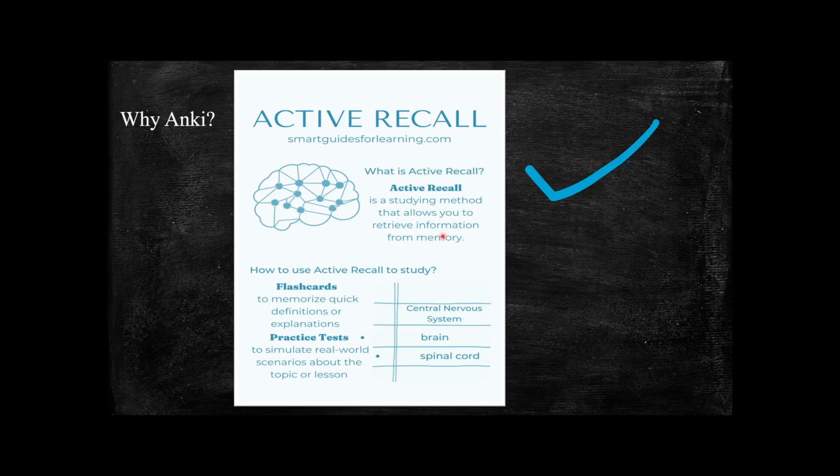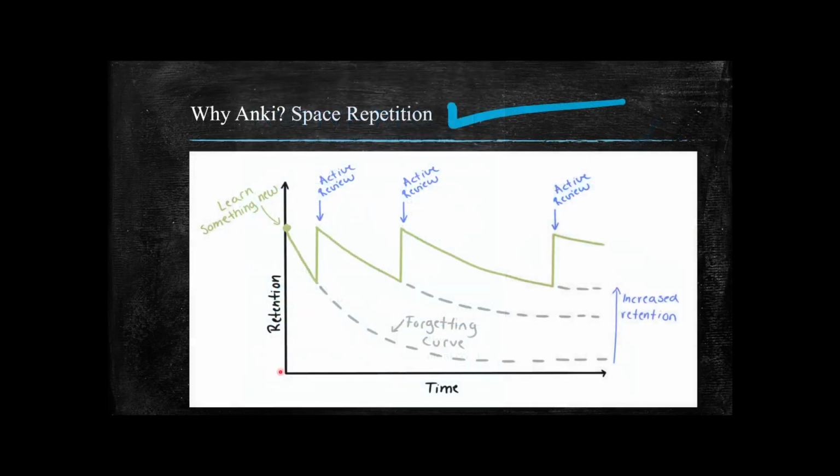So any information that I read, I convert it into questions. And these questions and their answers can be put into a flashcard. And this will help me simulate real world scenarios, especially since most of you use Tishmi'at or some of you use UWorld for USMLE. This will help you recall this information a lot more efficiently. So this is what active recall is. Convert what you read into questions. You have to actively test yourself.